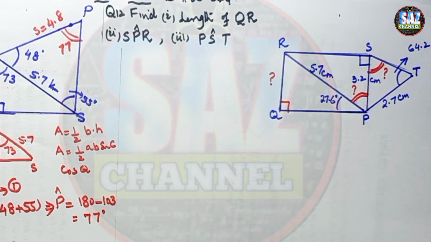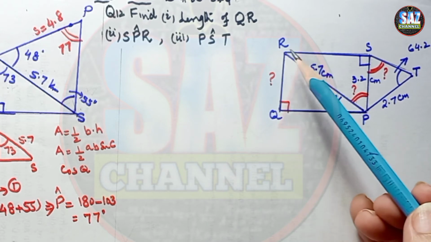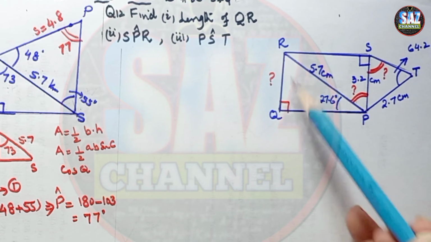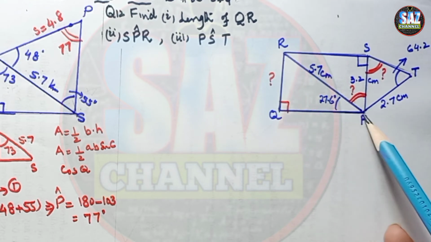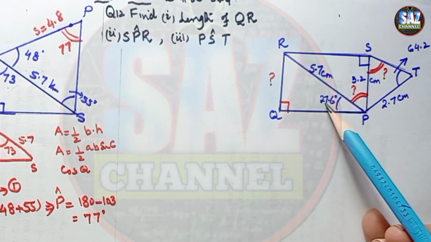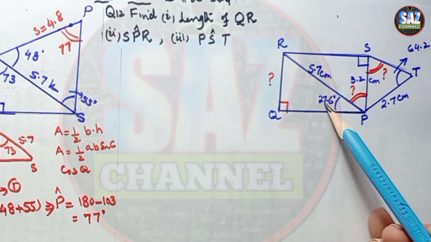If we look at the first part of the question, that is length QR, in order to find length QR, we can see that QR is in triangle RQP. In this triangle, we are given two angles, one 90 degrees and the other 27.6 degrees.